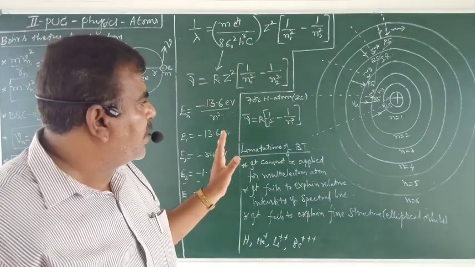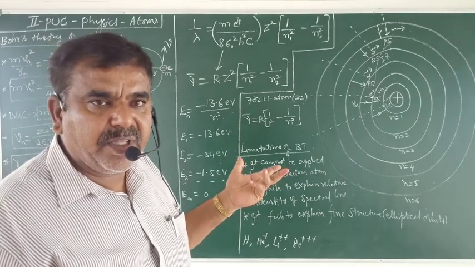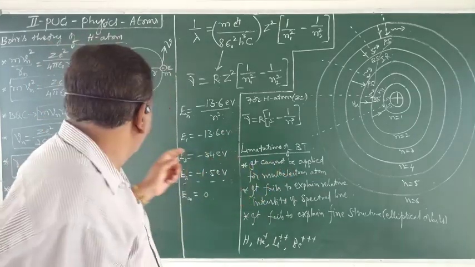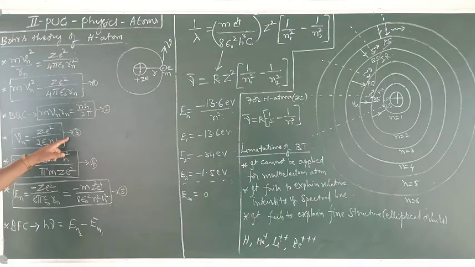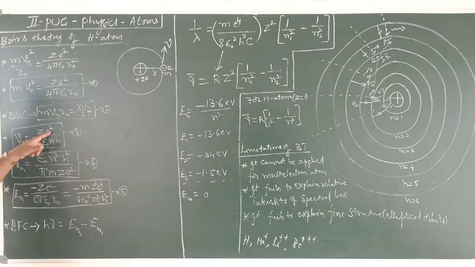Okay? So in the next session, all of you please observe. All of you calculate the velocity of the electron in the first orbit of the hydrogen atom. You see, this is the expression. For the hydrogen atom, Z equals 1, and for the first orbit, n equals 1. You know the values of e, epsilon naught and Planck's constant.